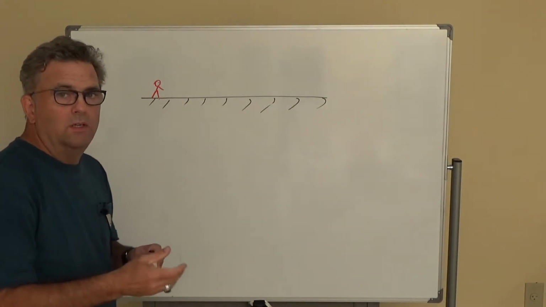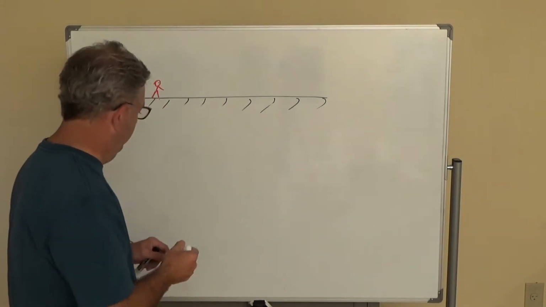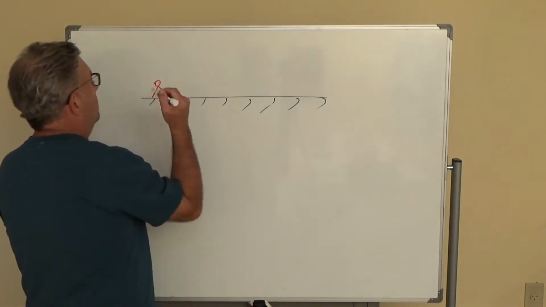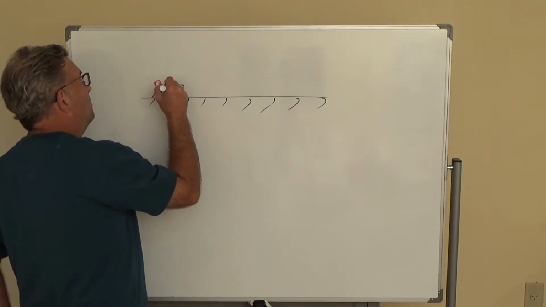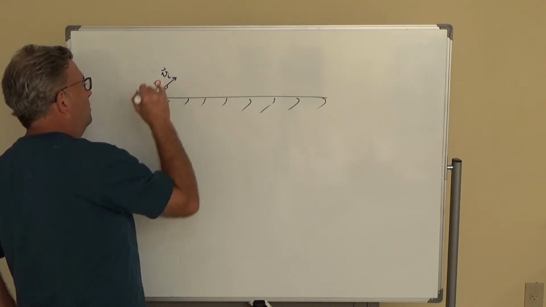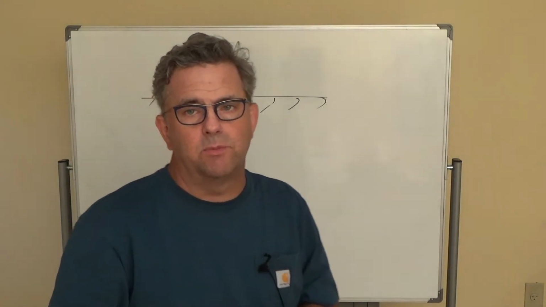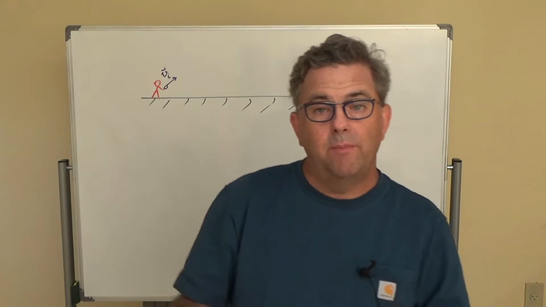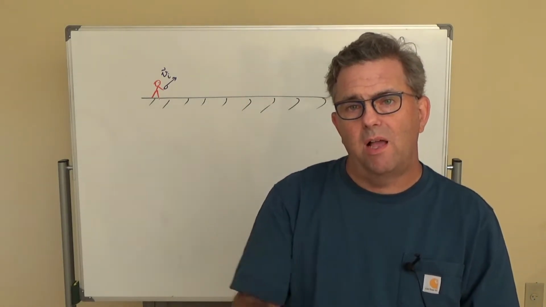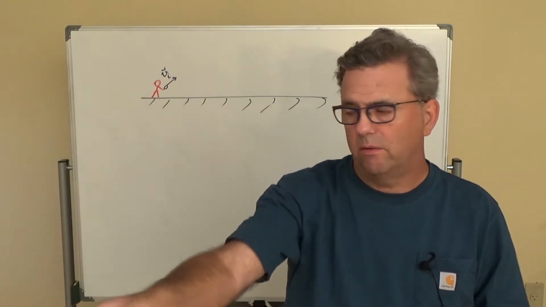I'm tossing it underhand, and once that ball leaves my hand, it has some initial velocity in this direction. Once that ball leaves my hand, it becomes a projectile. I'm not acting on it any longer.